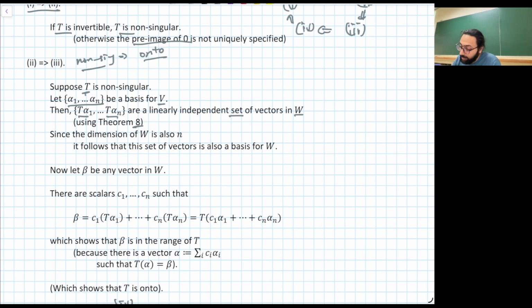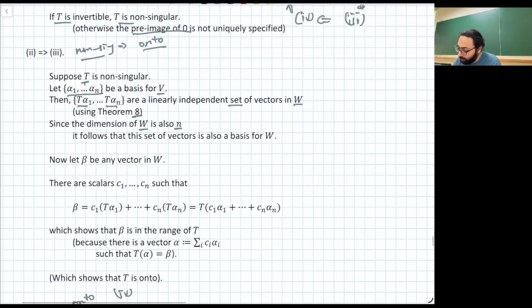Now since the dimension of W is also n, this is what I was saying earlier quickly, but now we do it more carefully. It follows that this set of vectors is also a basis for W. You have n linearly independent vectors in the space, and the dimension of the space is n, so they obviously span the space.